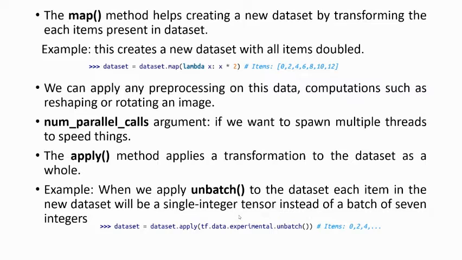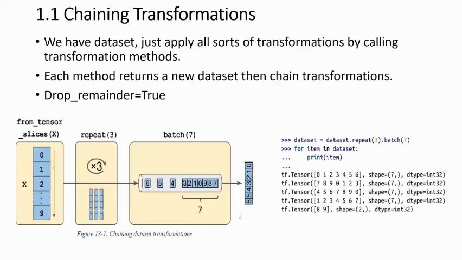For example, the previous data set that we have generated was a one-dimensional tensor. Okay, let me correct this example here. In the previous data set that we generated, there is a batch of 7 items in one batch.